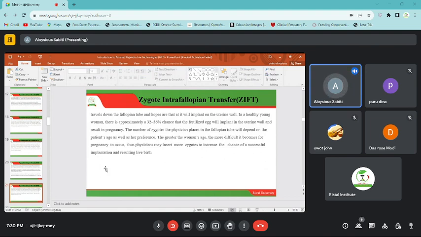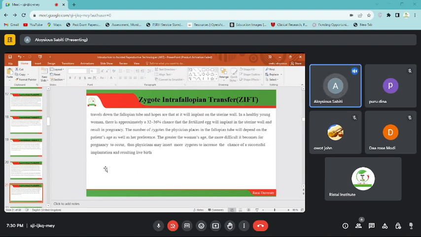So from that statement, you should be able to understand that these particular methods, as I said earlier, are determined by age. The egg, because it has been fertilized, when it is placed in the fallopian tube, is meant to travel through the fallopian tube and settle at the uterine wall, so that the development into a fetus can start.